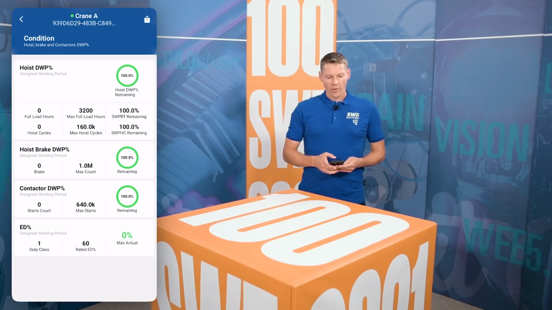And if you reach around 5%, it changes to red, and the color visualizes that we have to start some service actions. For example, a general overhaul of the hoist, or maybe a brake must be changed, or also the contactors. So we have the information about the DWP of the hoist.